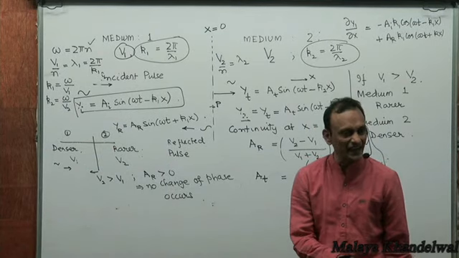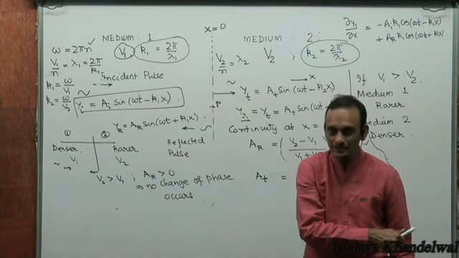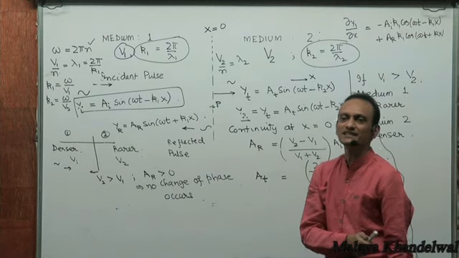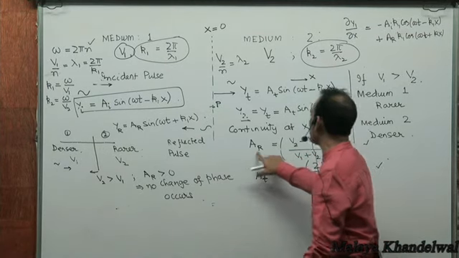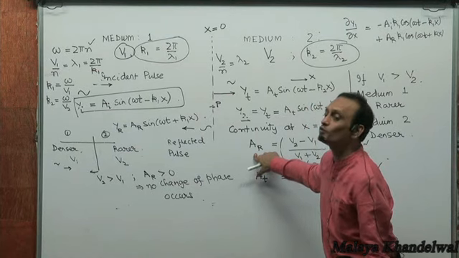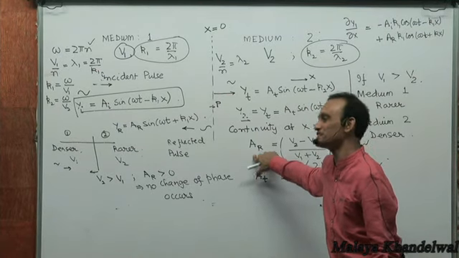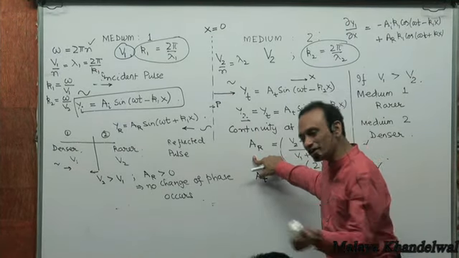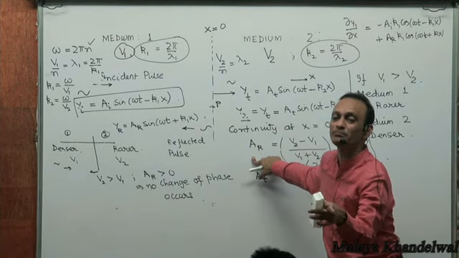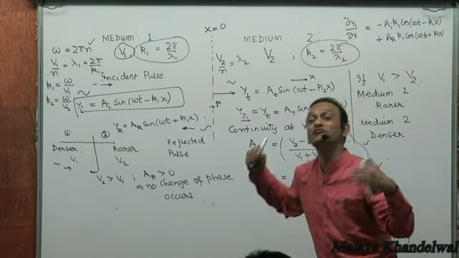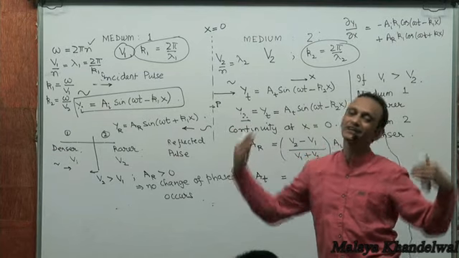Only if AR is negative, there is change of phase by 180 degrees. But if AR is positive, then there would be no change of phase. There would be no inversion produced. That means now the incident pulse and the reflected pulse would be in phase with each other.